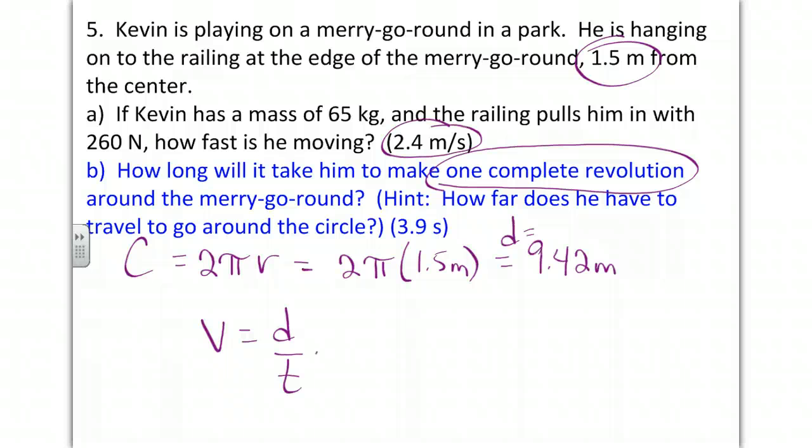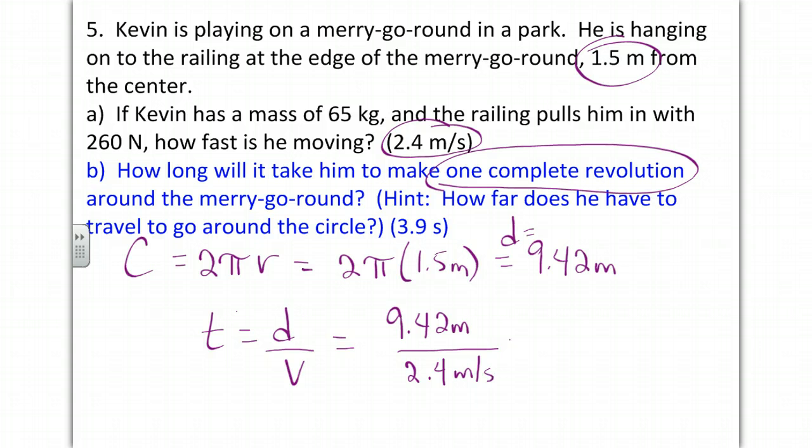I'm going to multiply both sides by time, which cancels time, and now divide both sides by velocity, which leaves me with t equals d divided by v. And so the distance is 9.42 meters divided by 2.4 meters per second, and that's going to equal 3.9 seconds.